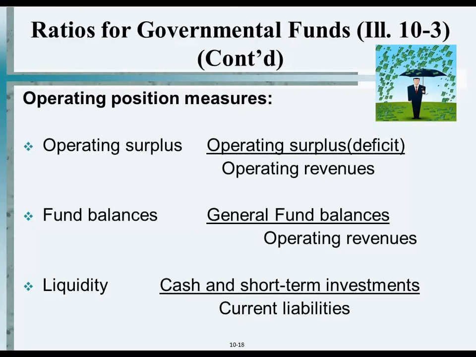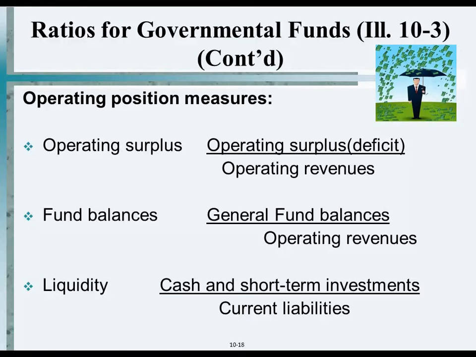Do you want to always see things measured at a point in time, or over a range of time? In government financial analysis, that's very important, because you want to look at these ratios over a period of time, not at just one moment.